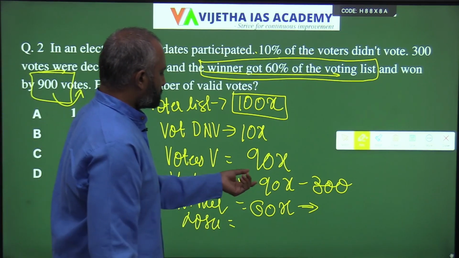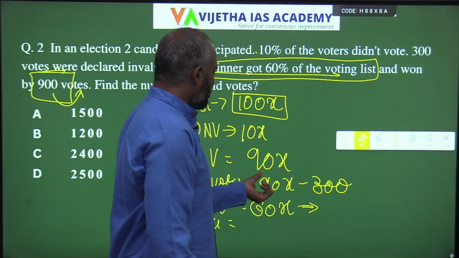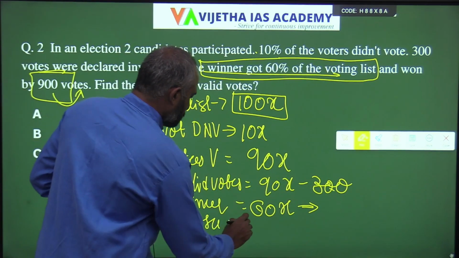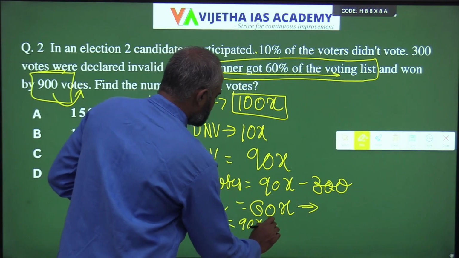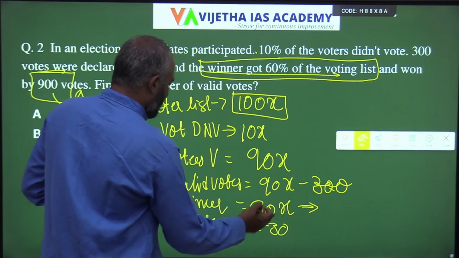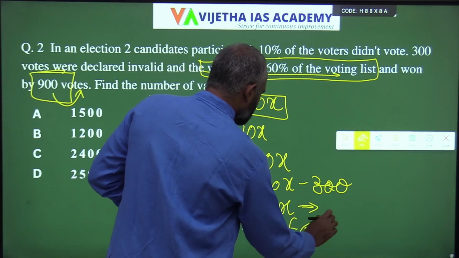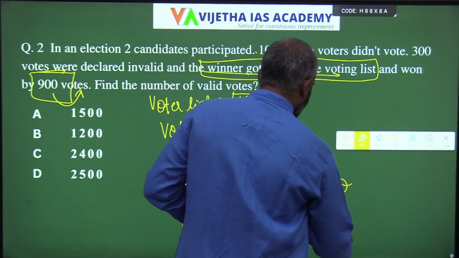Total valid votes are 90x minus 300, and the winner has won 60x votes. So what are the votes of the loser here?